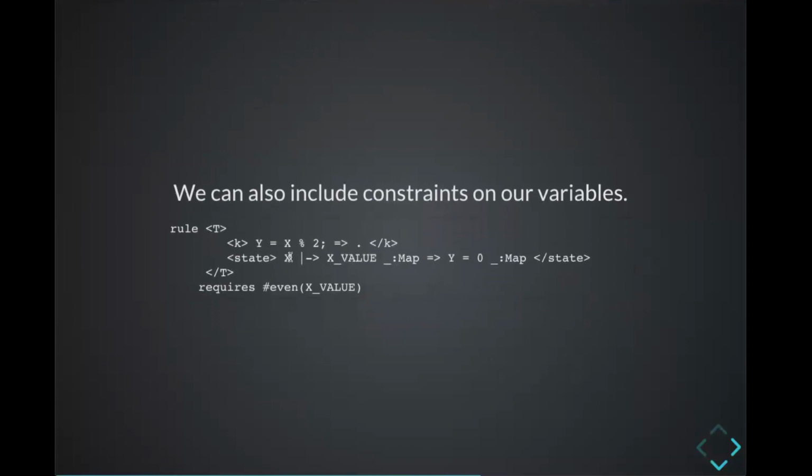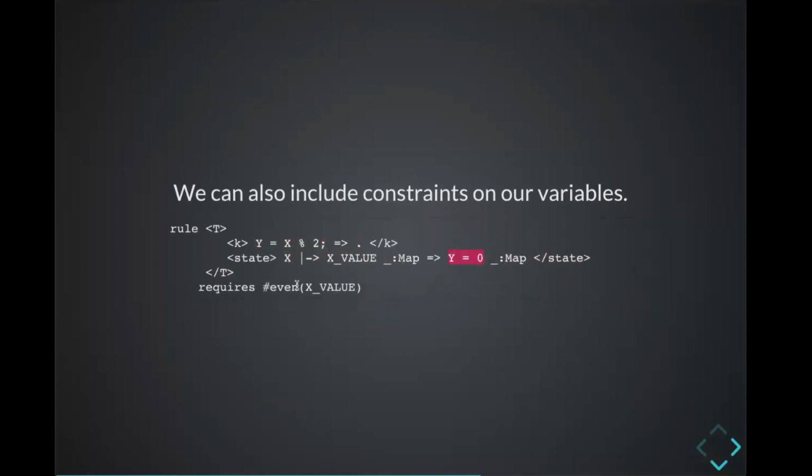The precondition will be that the program comprises this line of code, and that x has some value, x value. And the postcondition will be that this line of code has been executed, so we have, remember, dot is empty in K. And y will have the value 0.